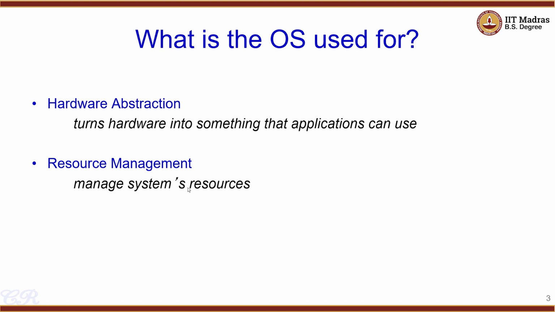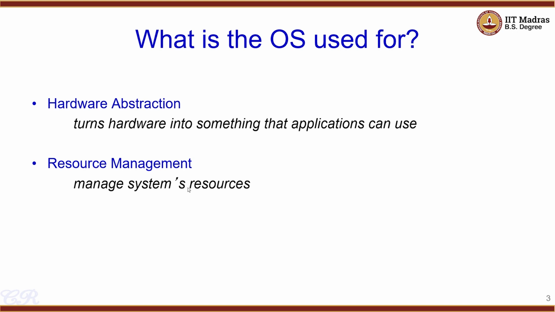Something as simple as a printf, to print something on the screen like hello world. The programmer does not need to know too many details about the hardware that is present and manage how this particular string gets printed on the screen. All the programmer needs to do is invoke a function called printf, and magically the string hello world would be printed on the screen.